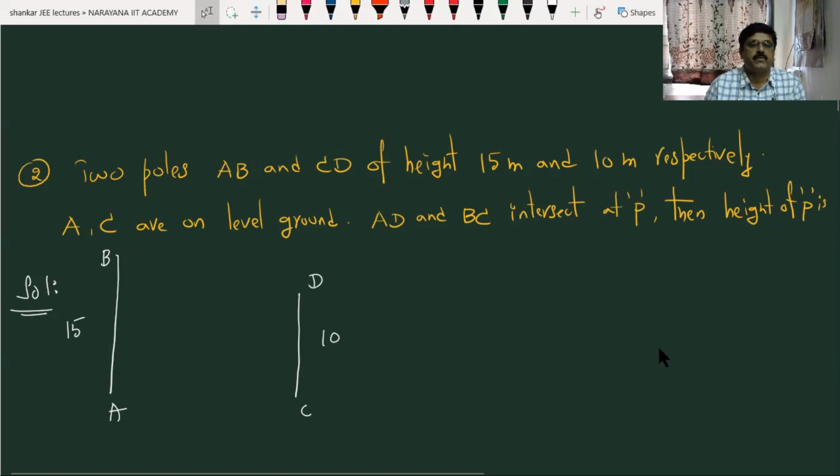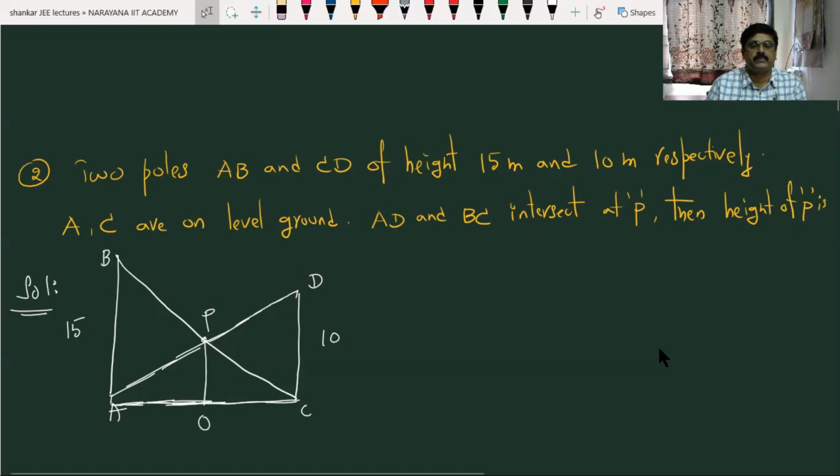Okay, students, now shall we join these two? And if you join these two, carefully observe. This level ground, horizontal. Now they intersect at P. Now you are asked the height of P, means at what height it is located from the level ground. That is the problem, students.